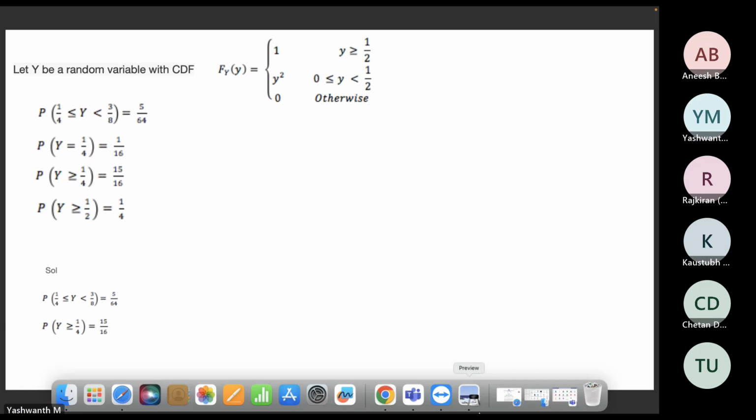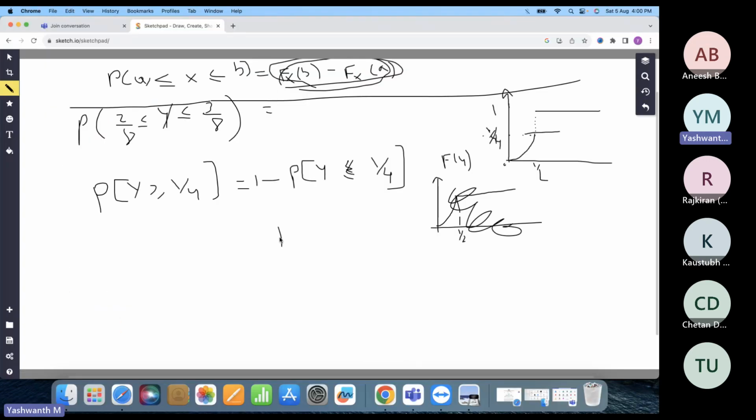Right? Yeah, Y is positive, so basically probability 0 is less than Y is less than 1 by 4 is F of 1 by 4 minus F of 0.